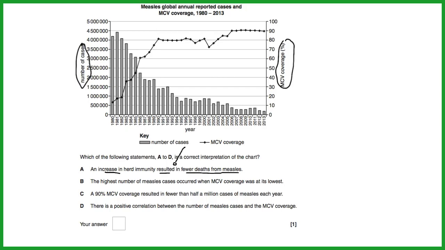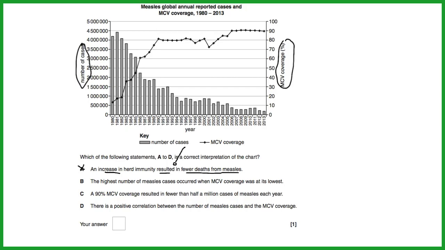You can see that there is herd immunity when you get to 90% or higher than 85% vaccination, but you can't see that an increase in human herd immunity resulted in fewer cases, so you can't say that it's A. B: the highest number of measles cases occurred when the coverage was at its lowest.